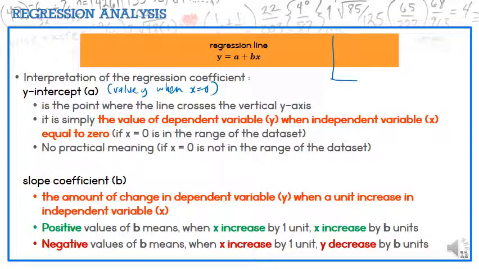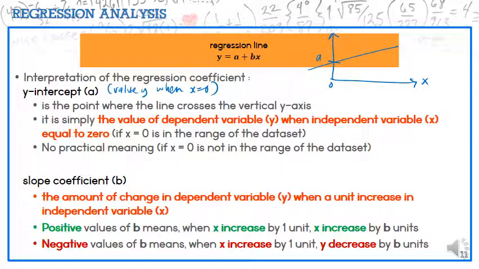So again, this is your y-intercept A, where your x equals 0, your y equals 8. So y-intercept is a value of y when x equal to 0. Okay, so here there is a statement here.